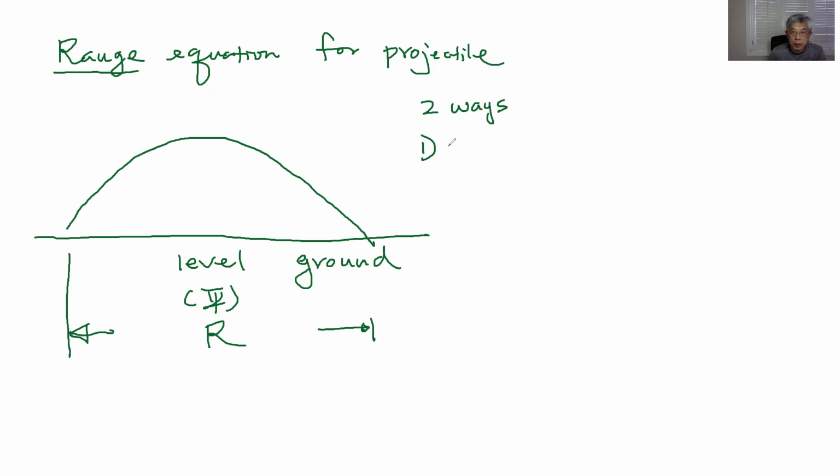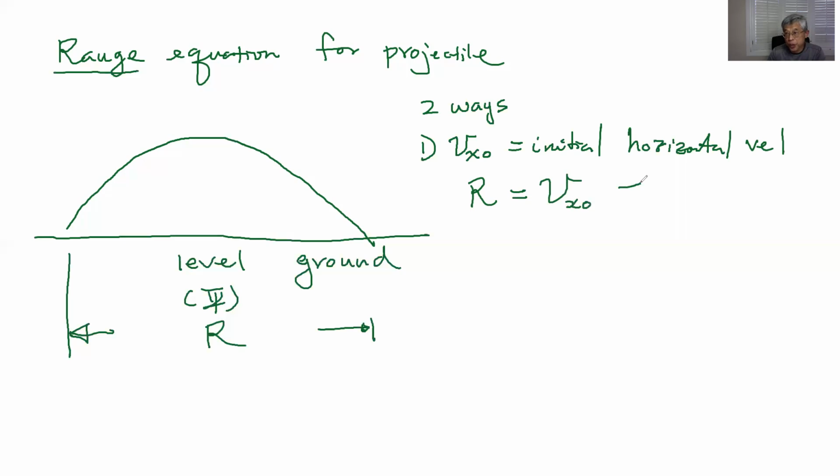If you are given the v in the x direction, initial horizontal velocity, then your range is just the Vx0 times the time, if you know the time also. But sometimes you don't know both, right? So, well, it's not really two ways, but it just depends on what is given.